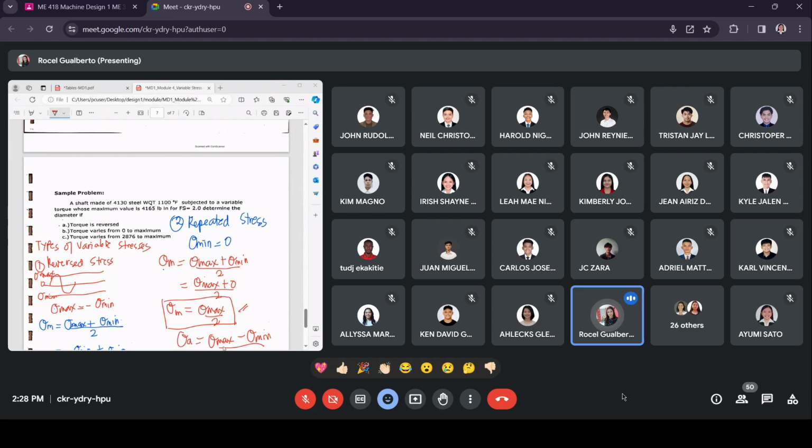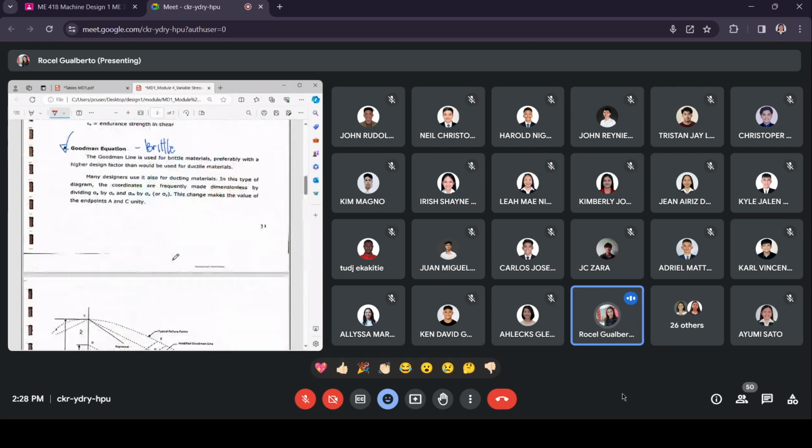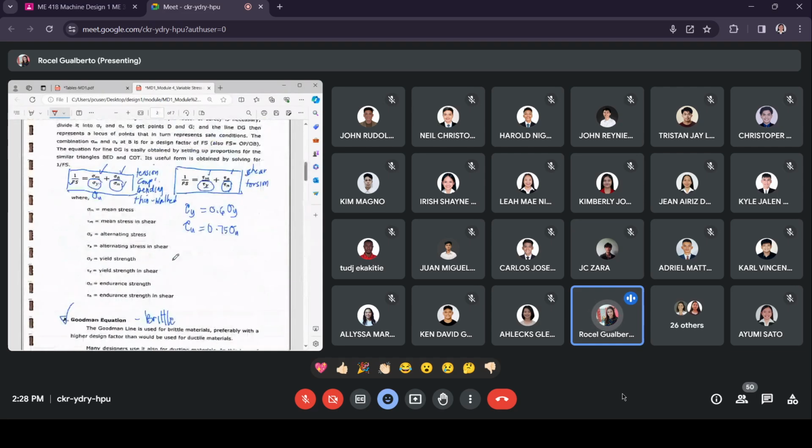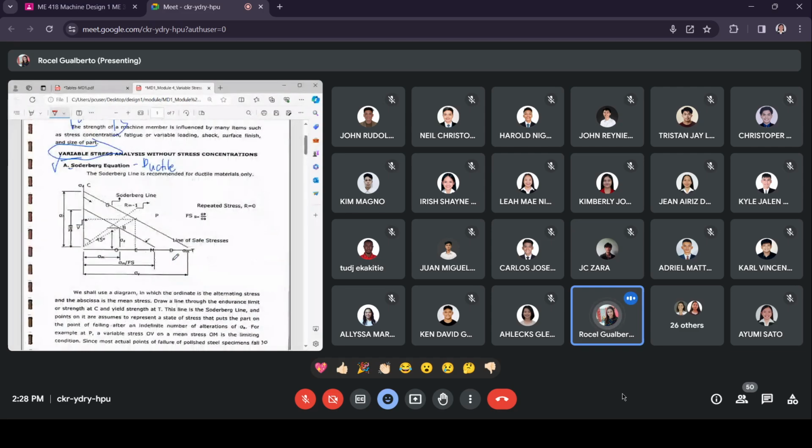So to easily remember po the Goodman and the Soderberg equation, we have here po a trick for you to easily remember the equation. If there is a trick, mas most likely po na ma-recall natin yung equation.